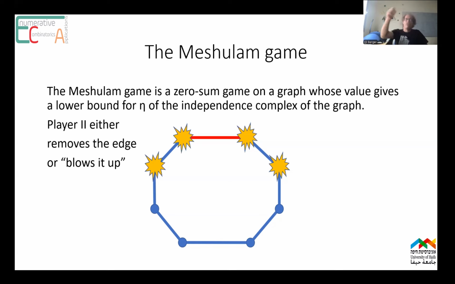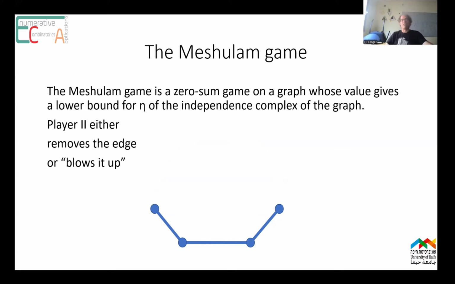It means we remove the two vertices of the edge and all the neighbors. So this is what is left after this blow up. And if at some point there is some isolated vertex, then the value of the game is infinity. If not, then the value of the game is the number of blow-ups.